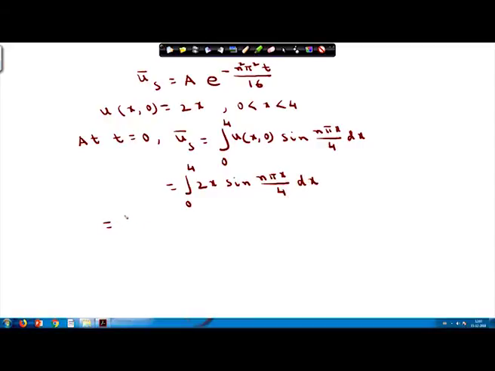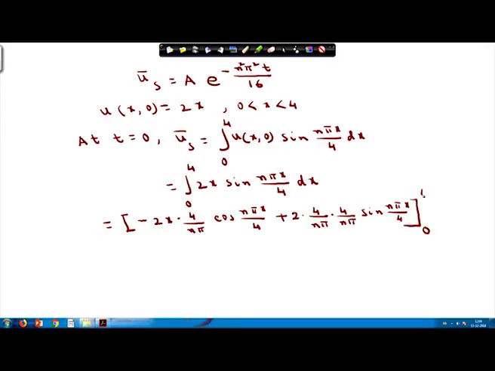If you evaluate the integral by parts, this equals minus 2x into 4 by n pi, sin will become cos, so cos(n pi x by 4), and the other term will be 2 into 4 by n pi into 4 by n pi, and this will be sin(n pi x by 4). The limits are from 0 to 4.